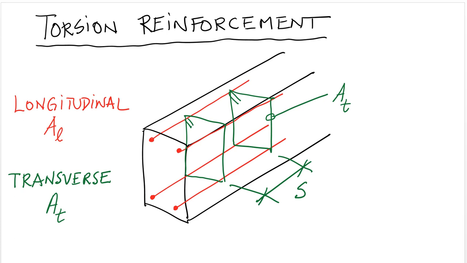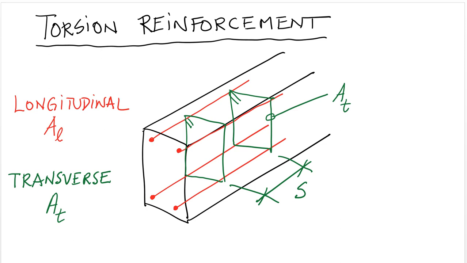Number one, longitudinal reinforcement, presented here in red, and as the name suggests, it runs along the beam. And transverse reinforcement, which takes the form of closed stirrups, spaced at a uniform distance S. Okay, so basically two types of reinforcement need to be provided for torsion: longitudinal and transverse.